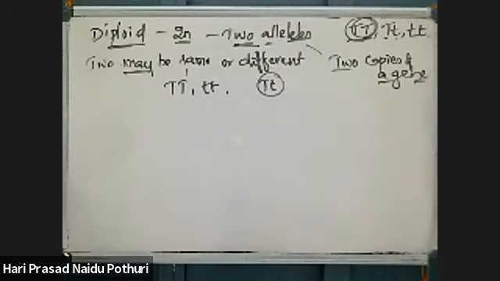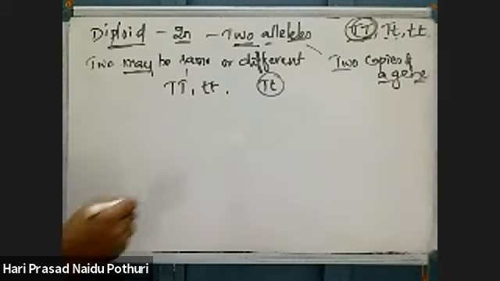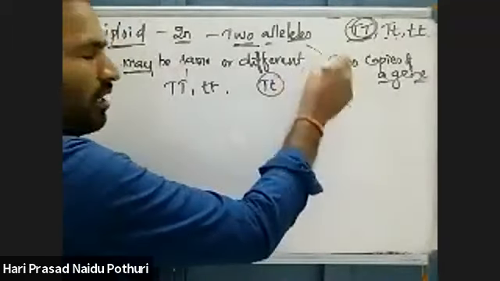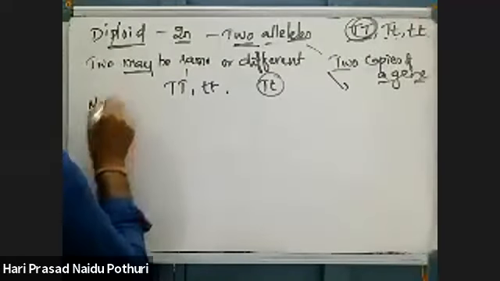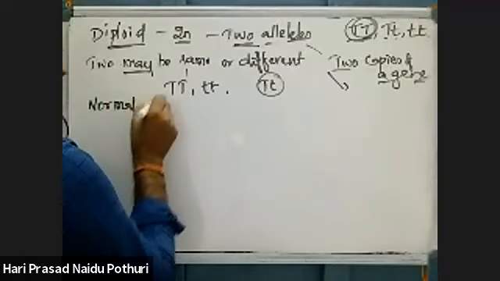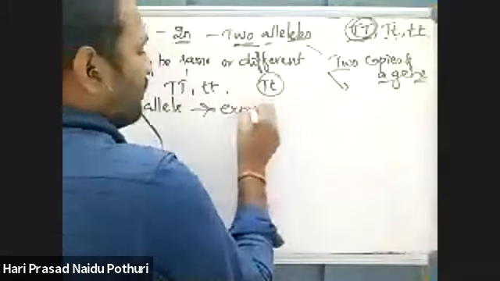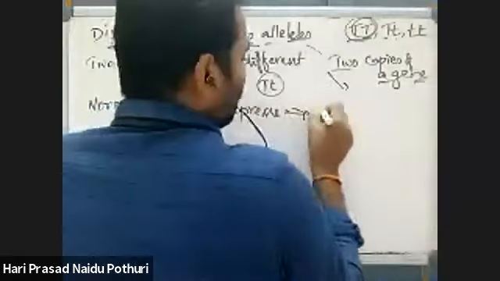Now, let us assume that one normal allele on expression will produce a protein if any normal allele is there.